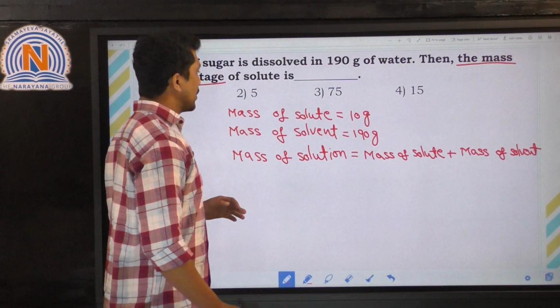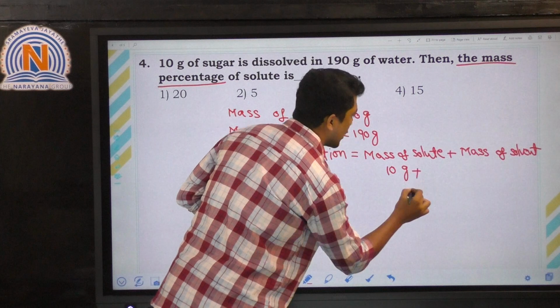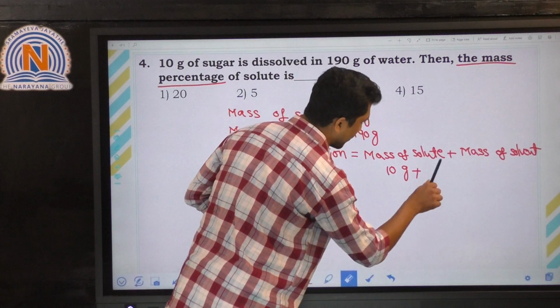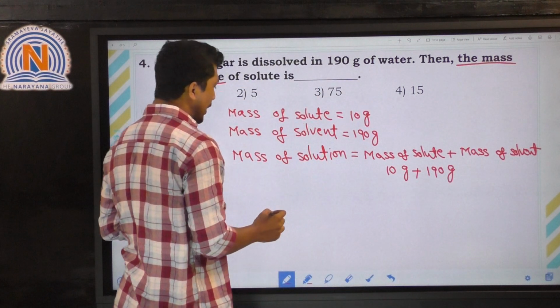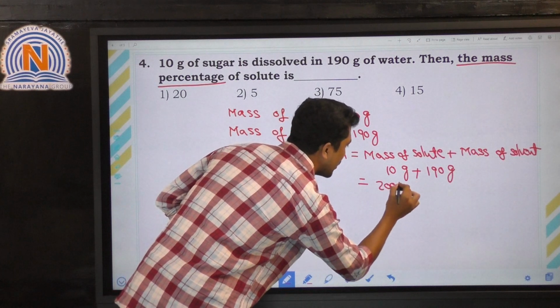Mass of solute is 10 grams plus mass of solvent is 190 grams. So final mass of the solution we got is 200 grams.